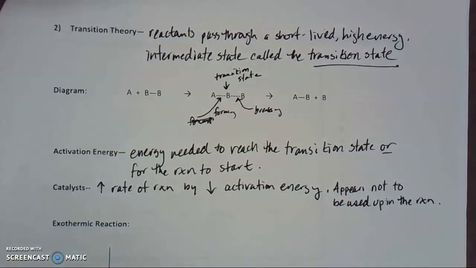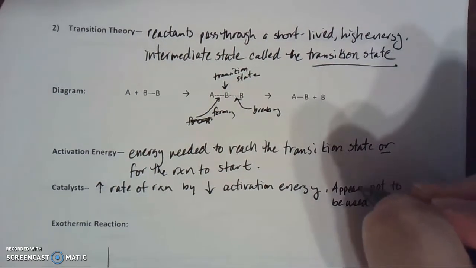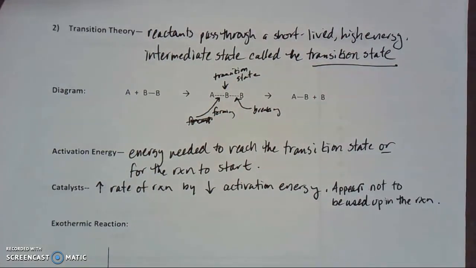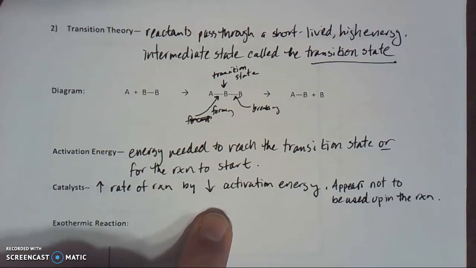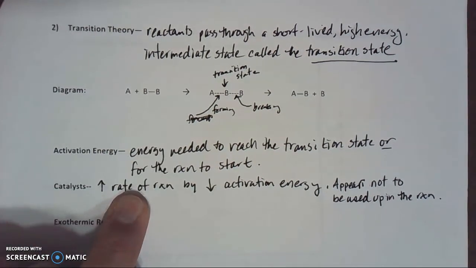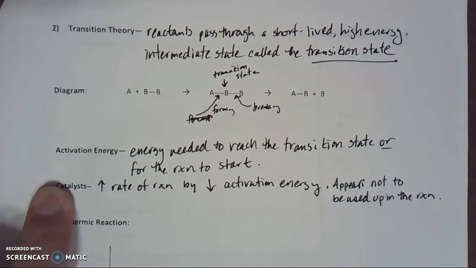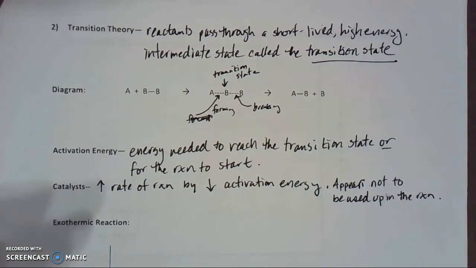We're going to see that they can be, but they come back at a later time. Enzymes are catalysts. They decrease the activation energy and increase the rate of reaction. That is what catalysts do. We'll talk about intermediates and inhibitors a little bit later.